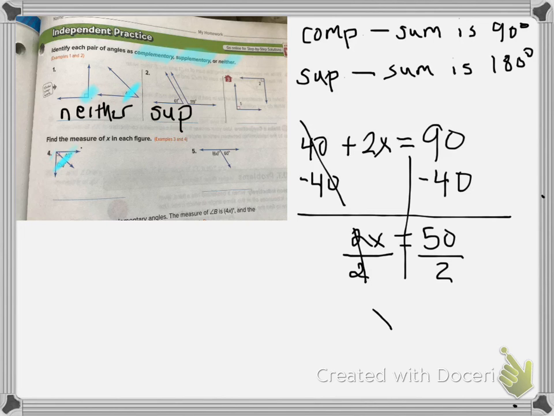That leaves me with just x. 50 divided by 2 is 25. So we can see after doing a little bit of algebra that x equals 25. Now I want you to go on and try number 5 on your own.